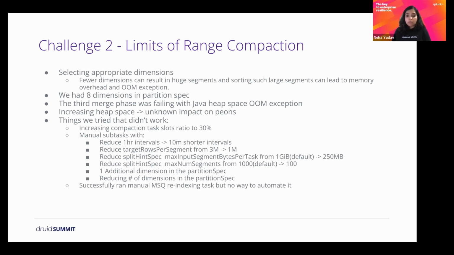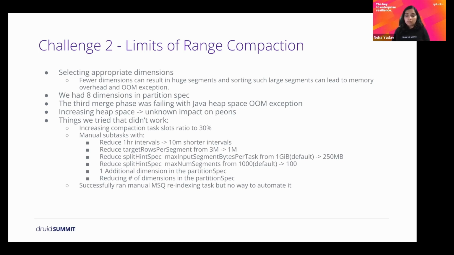Another thing that we tried was reducing the number of dimensions, from 8 to 5 to 3, over shorter intervals with a smaller number of target rows per segment, but none of the combinations worked. There was one combination that did make the manual compaction subtasks run successfully. But what we realized was the interval that the task ran over was from a weekend when ingestion was very low.